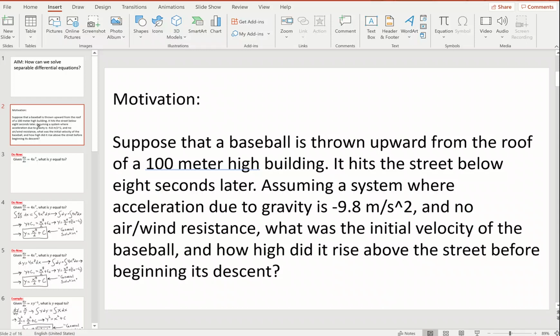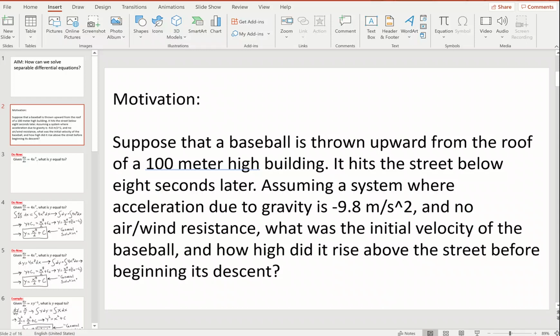So we know that the initial position of the baseball is 100 meters off the ground, and then 8 seconds later it is on the ground, right? So those are both position information. And then we're given an acceleration function. And then we are told that we're interested in some information about the velocity function over here.